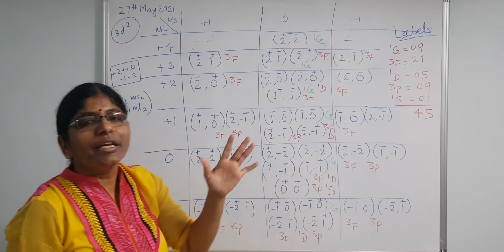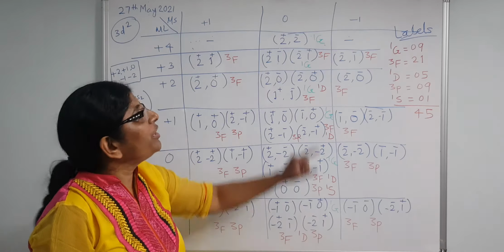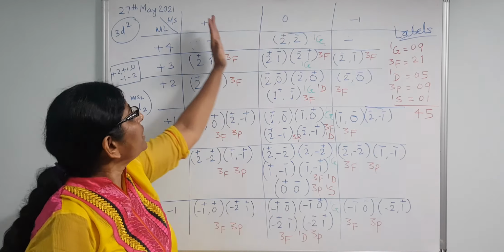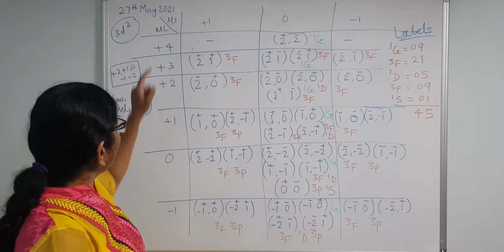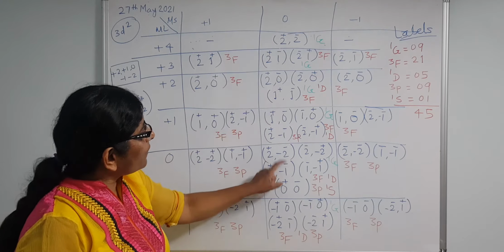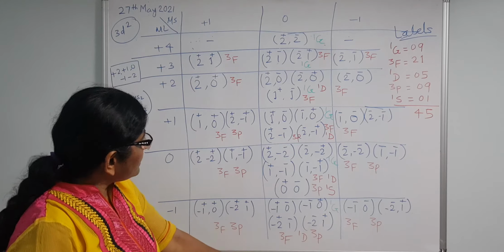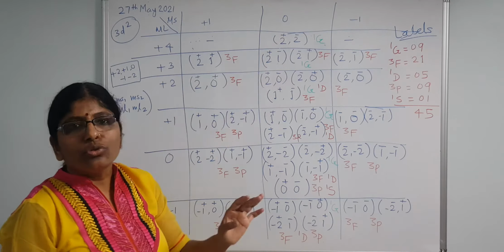So 1G we can label for 9 microstates in this column where ms is 0, not in ms plus 1 or minus 1. We have to just see the ms equal to 0 column, and these blocks will be total 9 from plus 4 to minus 4. If you count 1, 2, 3, 4, 5, 6 and 3 more, 7, 8 and 9. So total blocks will be 9. Therefore it confirms that whatever we have done is also correct.